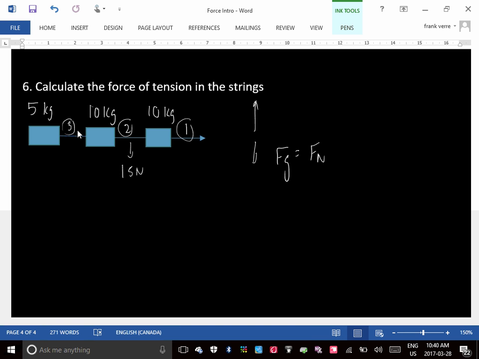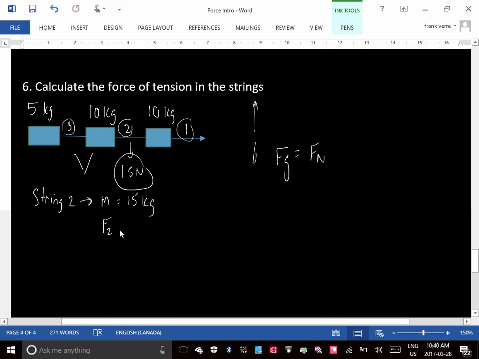So what we're going to do is figure out, because we only have the force at this point, given that string 2 only pulls on these two masses, which is a total mass of what? 15 kilograms. We're going to figure out the acceleration at that point.